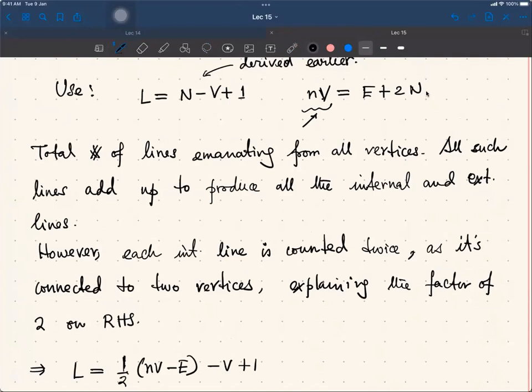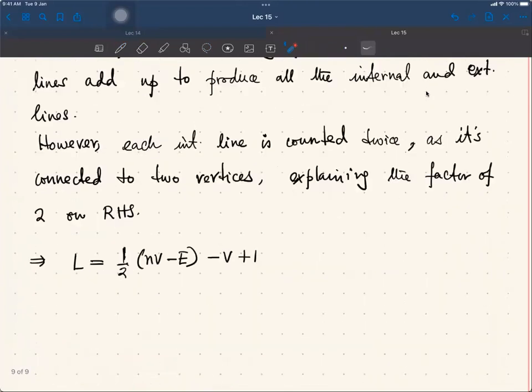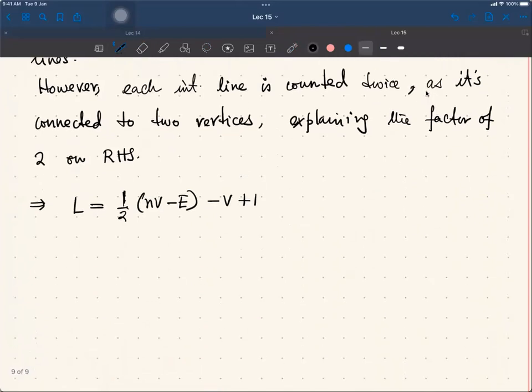So we basically eliminate a number of internal lines, and express L in terms of v and e. And if you substitute that in the expression for omega, then with some amount of massaging, omega will be d half nv minus e minus v plus 1 minus nv plus e.